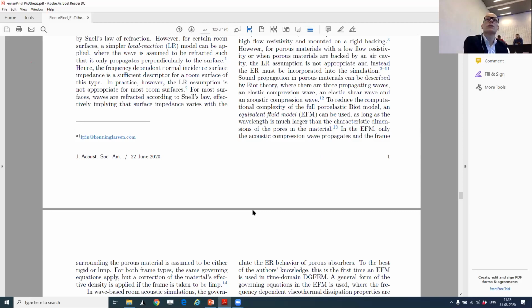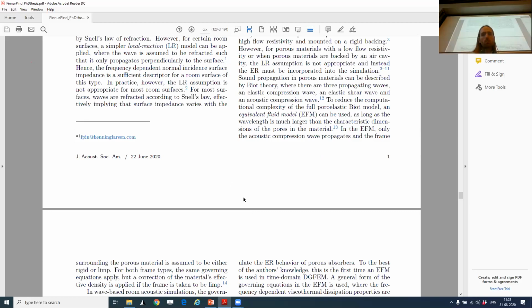To reduce the computational complexity, an equivalent fluid model can be used. It's small pores, so it's like a bulk material. Also, it's a rigid frame model now, so you don't consider that the material itself has elastic properties.